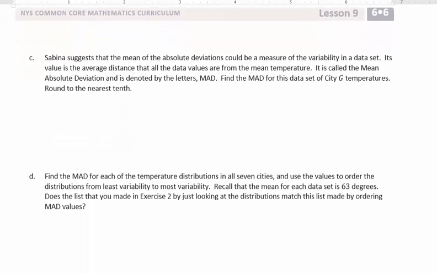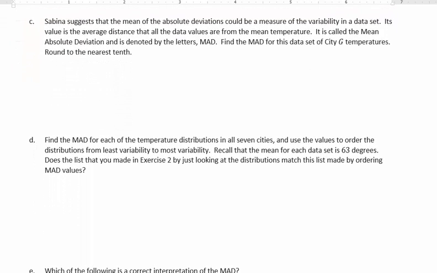Now, Sabina suggests that the mean absolute deviation could be a measure of the variability of the data set. So remember, variability means spread. So we can maybe measure that spread by the absolute deviations. Its value is the average distance that all the data values are from the mean. So please pay attention to this.